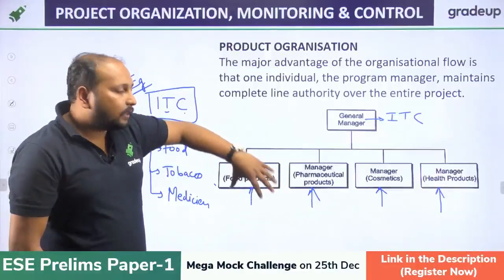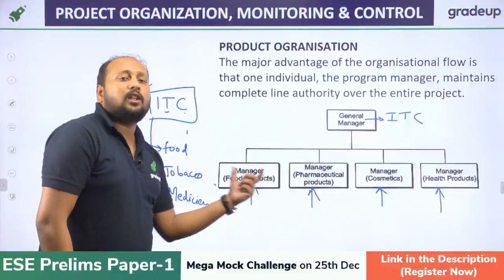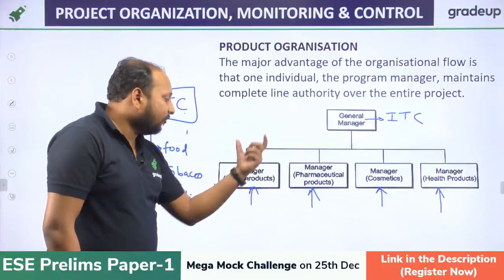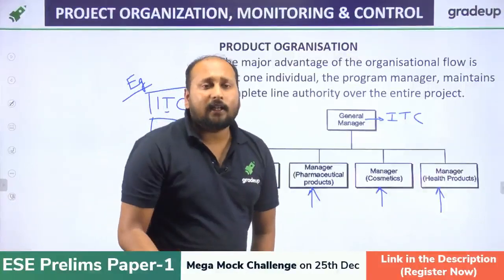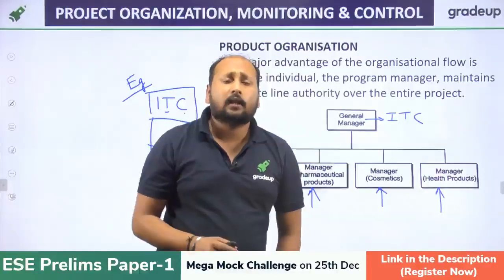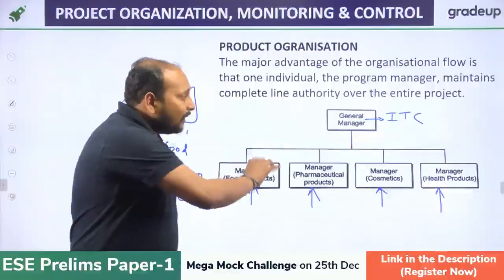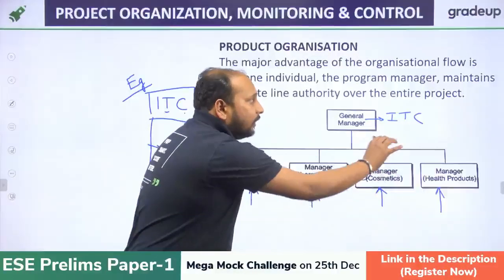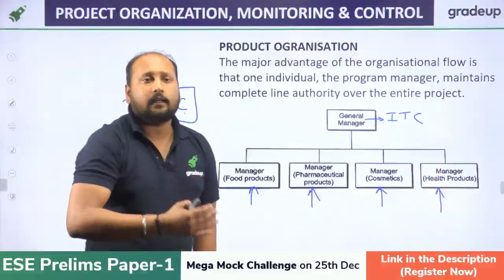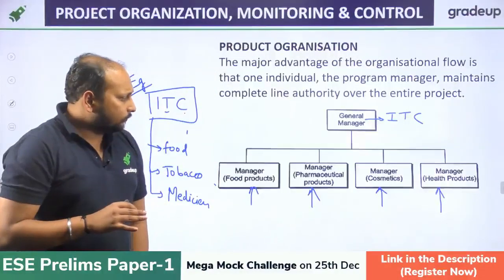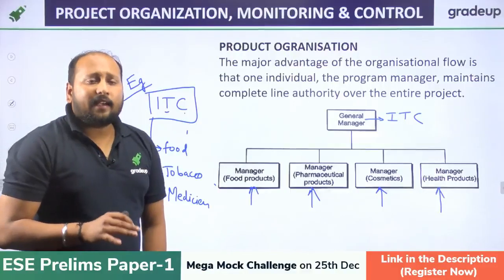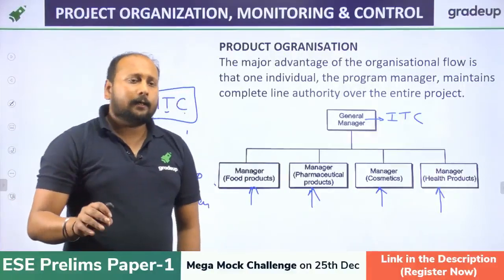This person will be responsible for all the product-based issues in this hierarchy. So this type of structuring is done on the basis of the product of that organization. Clear, Prakash? If you have any doubt, clear?